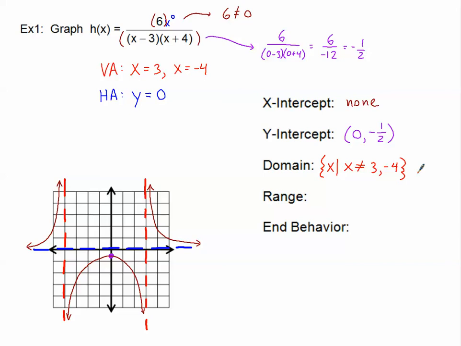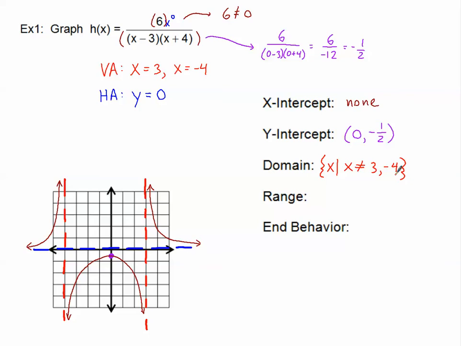If you do interval notation, you'd be describing 3 intervals this time, from negative infinity to negative 4, and then union that with negative 4 to positive 3, and then union that with the third one, positive 3 to infinity. It seems to be a lot more writing, so I'm going to do set notation.